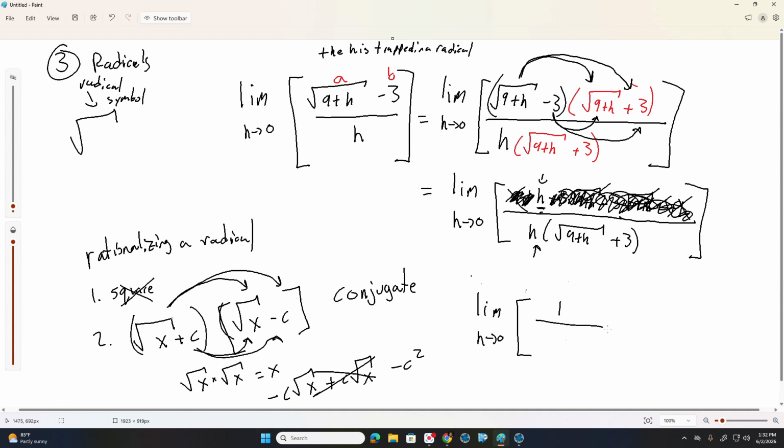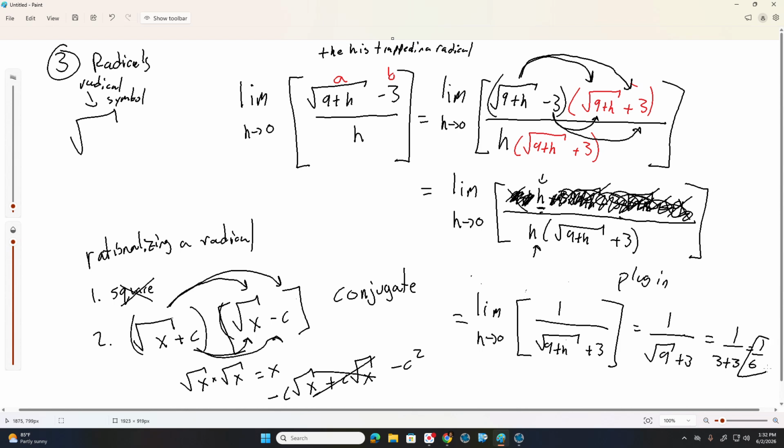So we get 1 divided by the square root of 9 plus h plus 3. Notice, this is something that we can now plug in. So this is going to be 1 over the square root of 9 plus 3, which is 1 over 3 plus 3, which is 1 over 6.